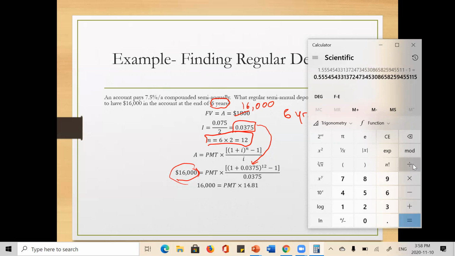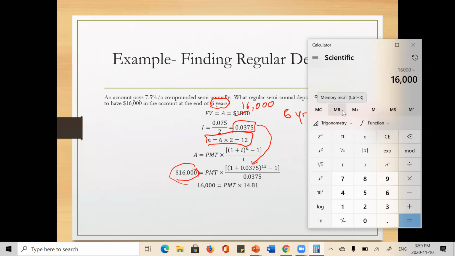And if you spot an error, let me know. 1.0375 to the power of 12, minus 1, divided by 0.0375, and now I'm going to store that in my memory. So memory, add memory. And then I go to 16,000 and I simply divide by the memory here. I definitely prefer to use my own calculator, but I have to use this one here.